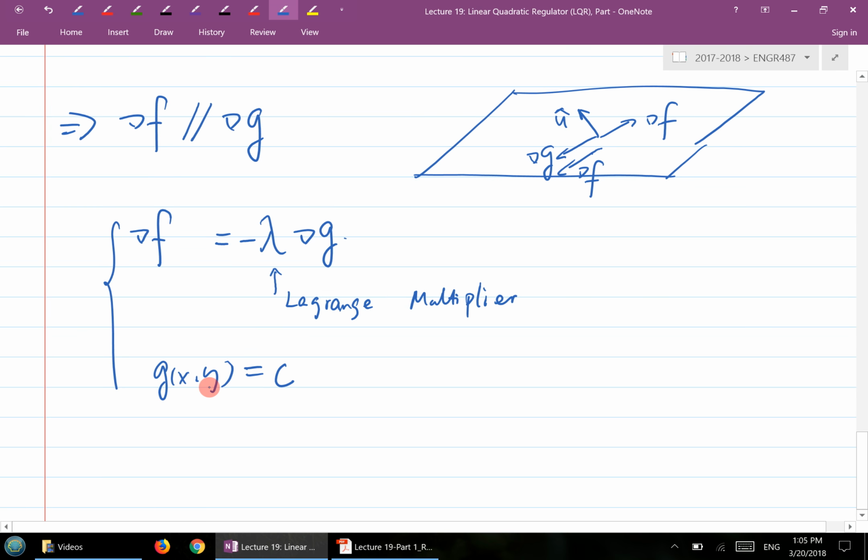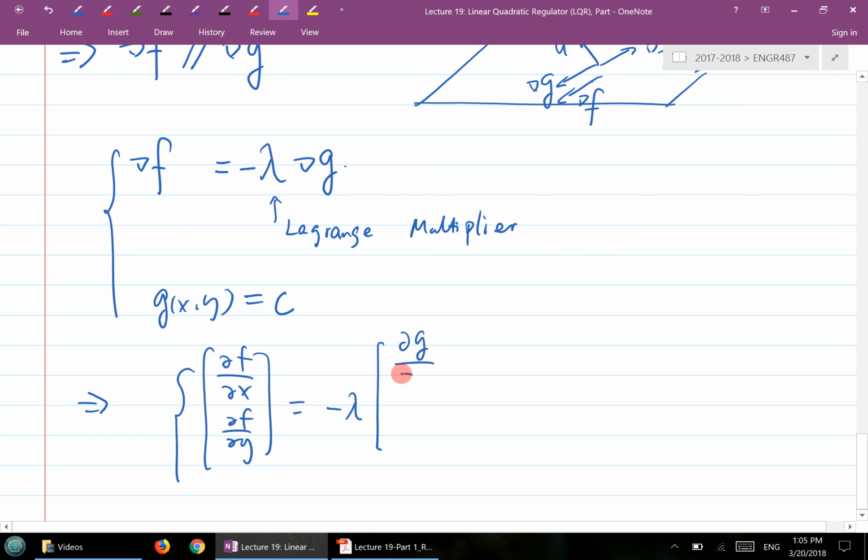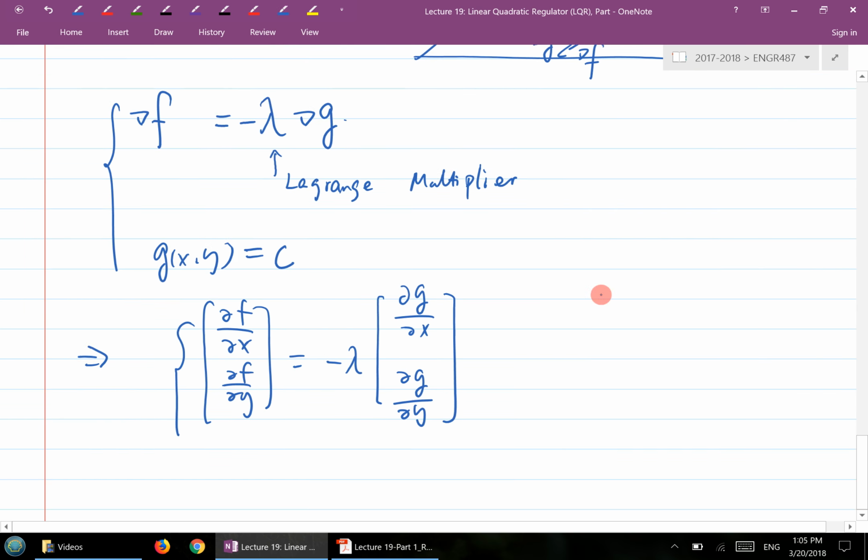To go into a little more detail, if I wanted to write this out specifically, del f is partial f over partial x and partial f over partial y. This is the vector, and it equals negative lambda times partial g over partial x and partial g over partial y, plus the last equation.